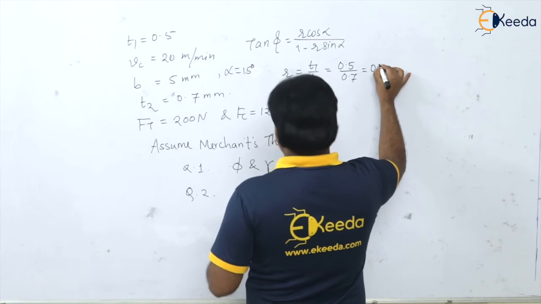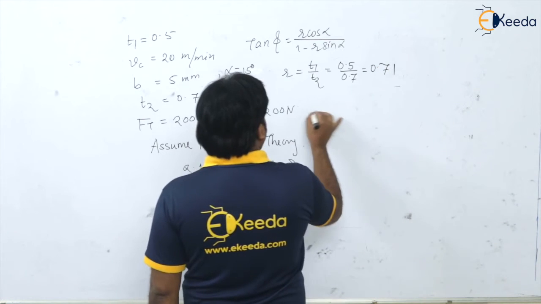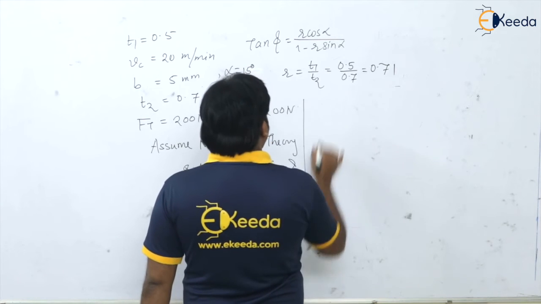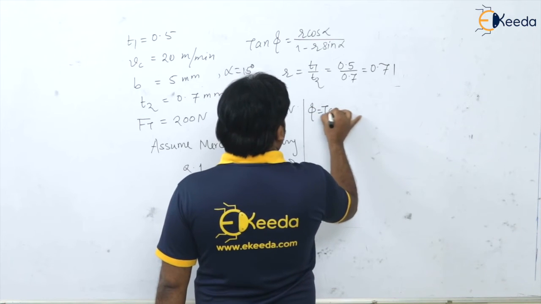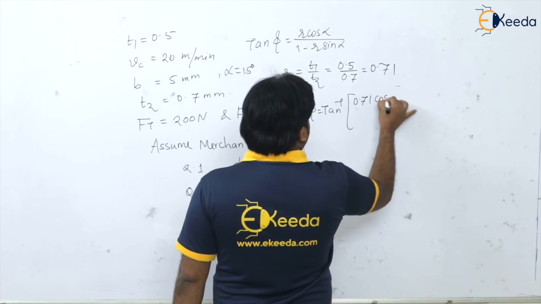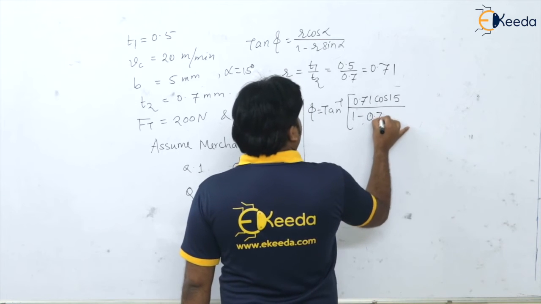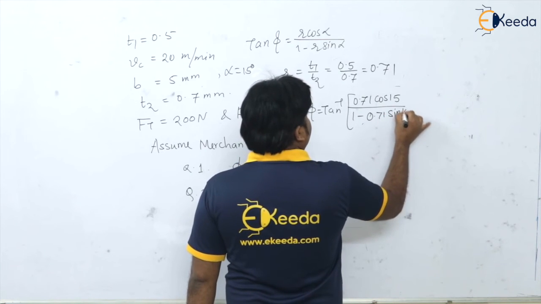It is 0.71. Then phi is equal to tan inverse of 0.71 cos of 15 divided by 1 minus 0.71 sine of 15.